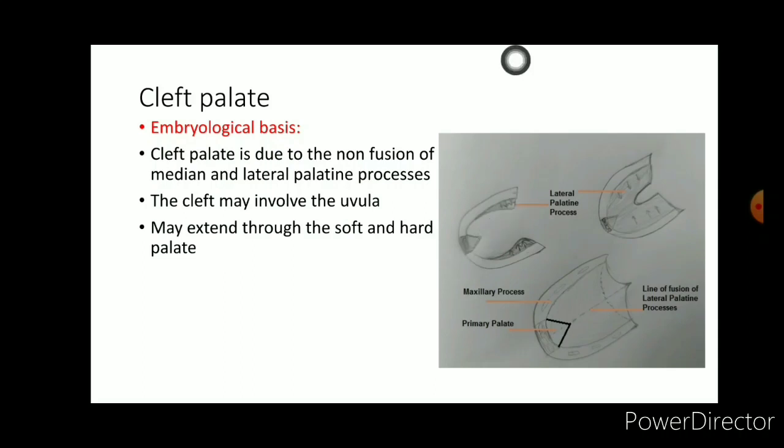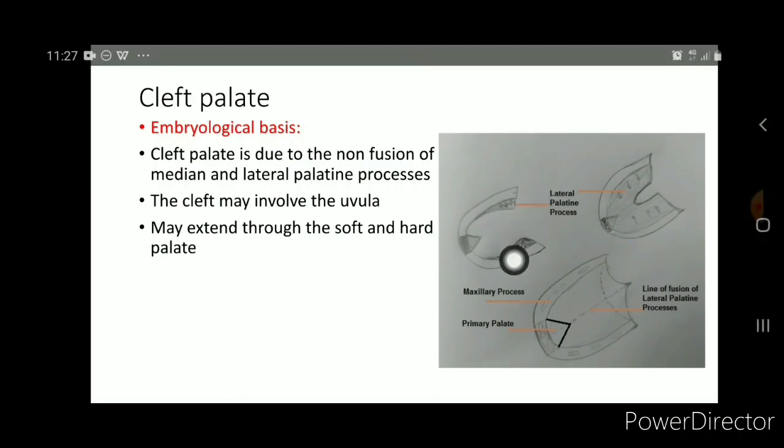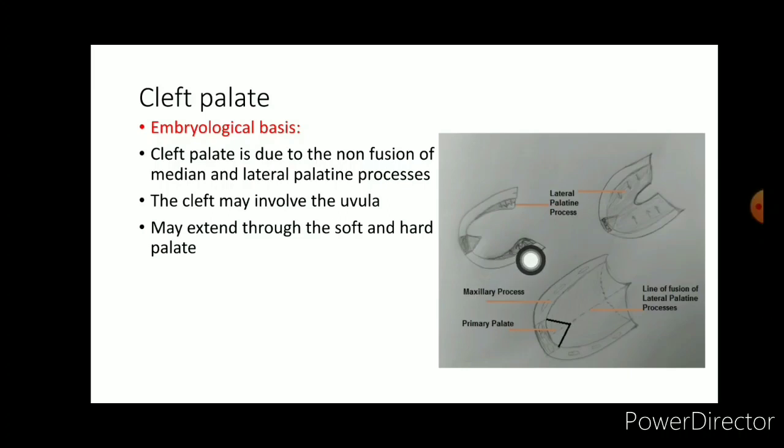In this diagram, you can see this is the maxillary prominence on both sides, and this is the intermaxillary segment that is formed by the fusion of the medial nasal processes. The intermaxillary segment prolongs backward to form the median palatal process.